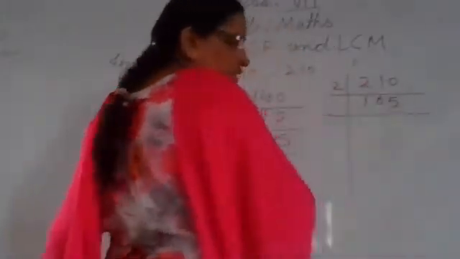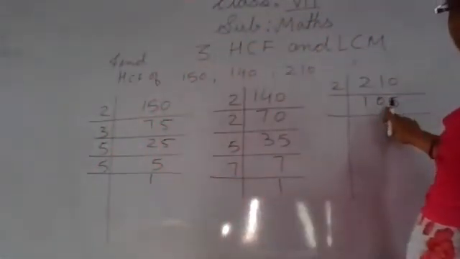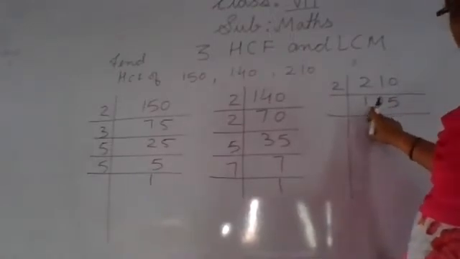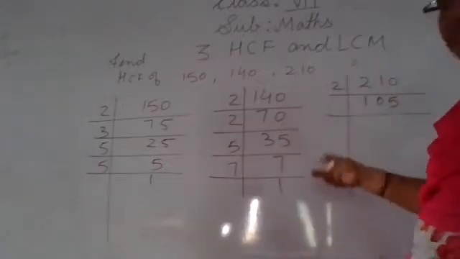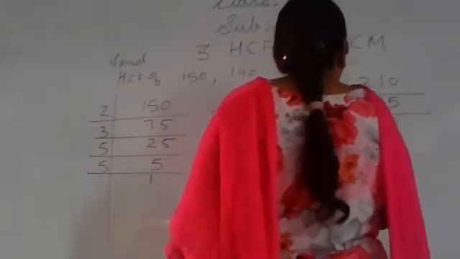So 5 plus 1 is 6. So it is divisible by 3. Now apply here the divisibility test of 3: 5 plus 0 plus 1. The sum is 6. That means this 105 is divisible by 3. So we will take the next prime number 3. So here 3 3s are 9 and 3 5s are.